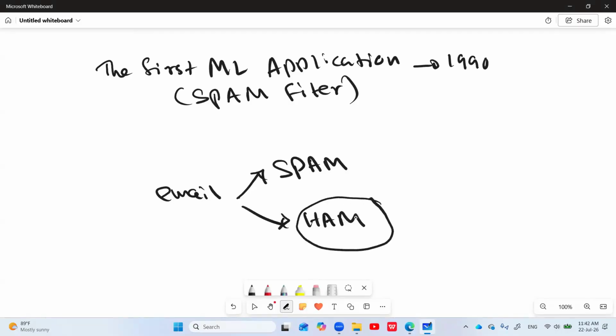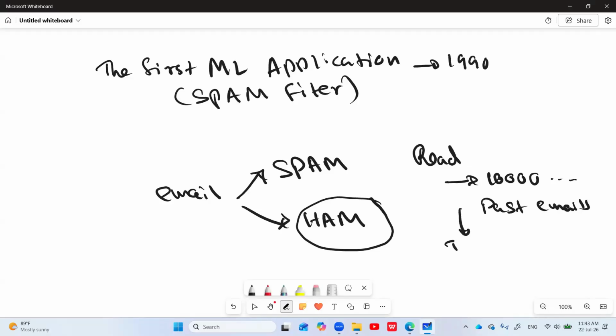So what this machine learning does is read thousands or 10,000 or more past emails and identify patterns.